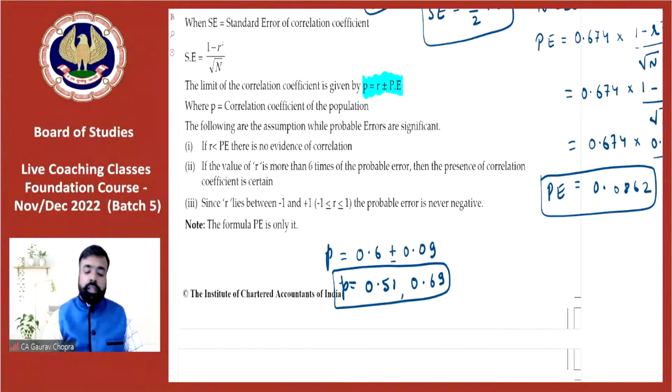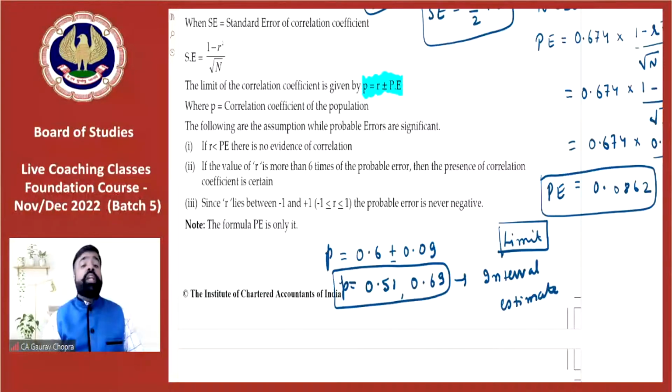And we can also name this as interval estimate. Limit means interval estimate. The question is asking about the limit, so we can also name it as interval estimate. For example, you have given an exam of 100 marks, and after completing the examination, you are asked how much you will score. Your answer is between 80 to 90.